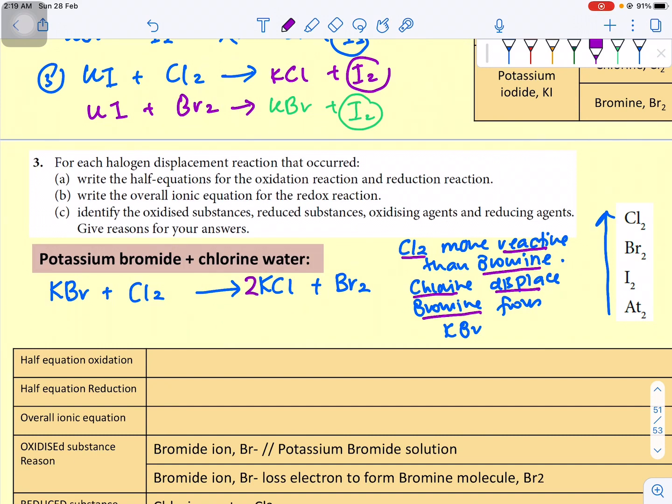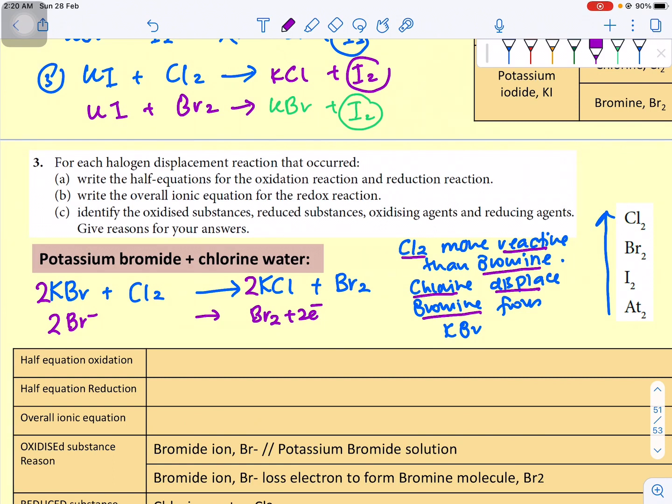Okay, make it balance to here. So half equation oxidation, check siapa berlaku oxidation, tengok siapa perubahan yang ada. So kita ada KBr, kita ada Br negatif, bromide bertukar menjadi Br2, put 2 balance plus 2e. This is lost electron.